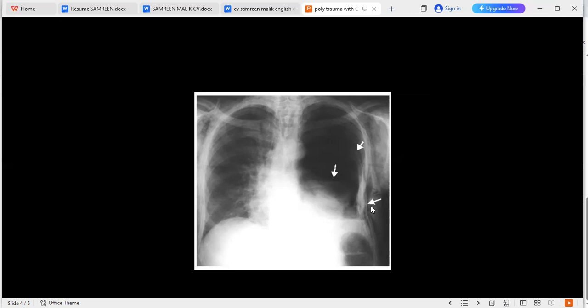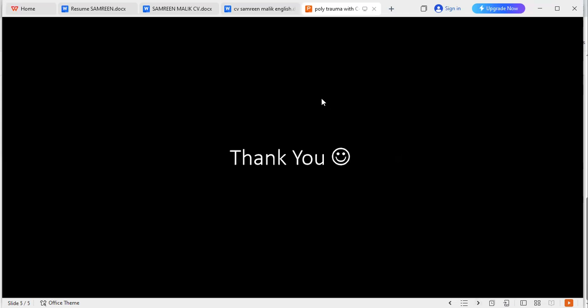I think there is a tracheal deviation. Also on the left lower part, the costophrenic recess is obliterated. Good. Thank you.